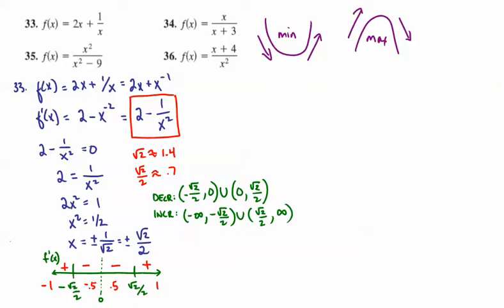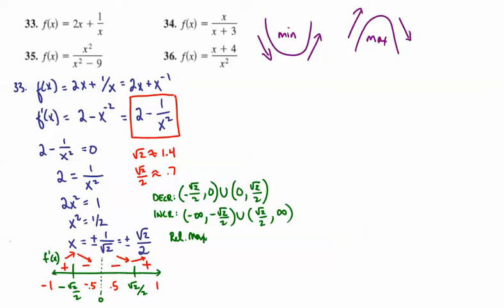Next, when do we have any extrema? Well, we do have a change from increasing to decreasing here, and from decreasing to increasing there. And so we have a relative min. Let's do the max first.